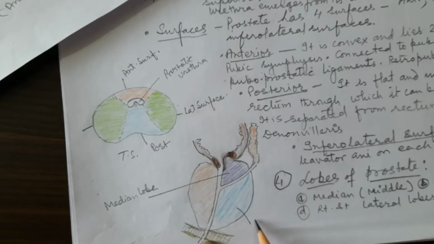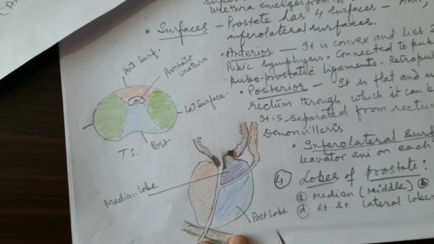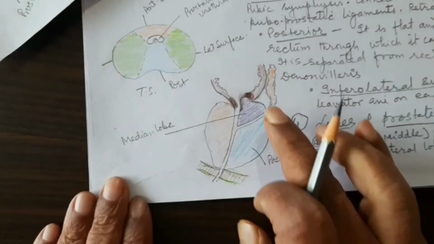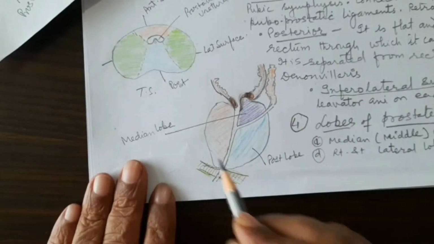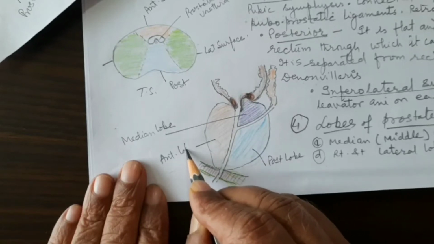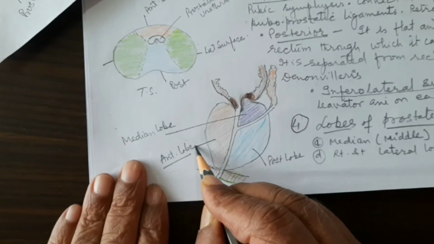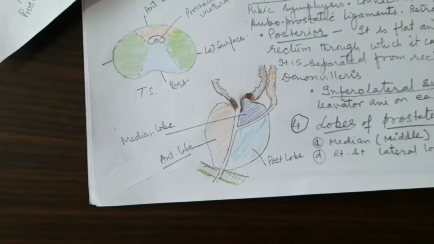Then this is the posterior lobe below the ejaculatory duct. This is the posterior lobe of the prostate. So median lobe, and this is the posterior lobe, and then this is the anterior lobe. These are the 3 lobes which can be seen only in the mid-sagittal section of the prostate.